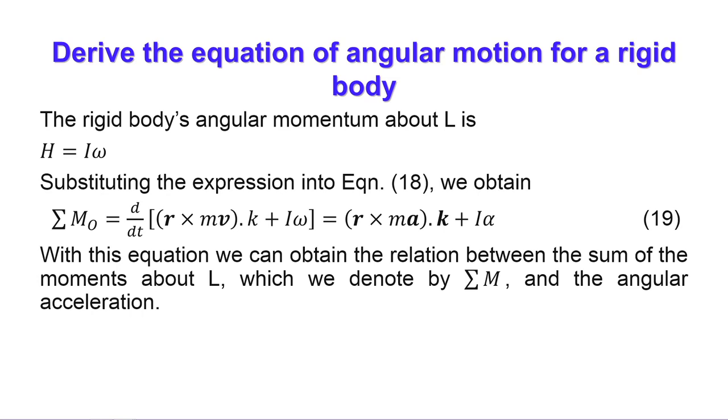Substituting in equation 18, we find M 0 equals d dt of r cross m v, the linear momentum, dotted with k, plus I omega. That means the momentum about the center of mass, and this way we can find the two parts.